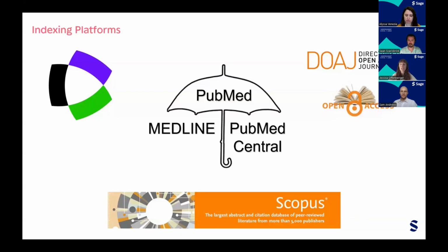The DOAJ, or the Directory of Open Access Journals, indexes open access journals exclusively and has an excellent review and screening process for journals applying to be indexed. So if you're looking for a safe OA journal to publish in, indexing in the DOAJ is a very positive indicator of that journal's legitimacy.